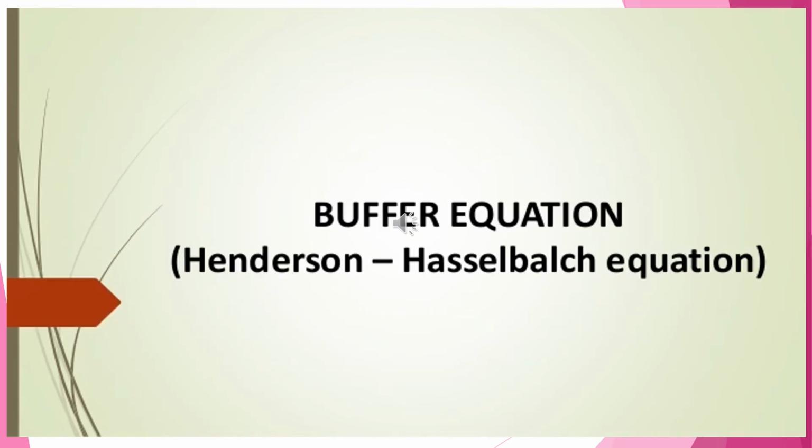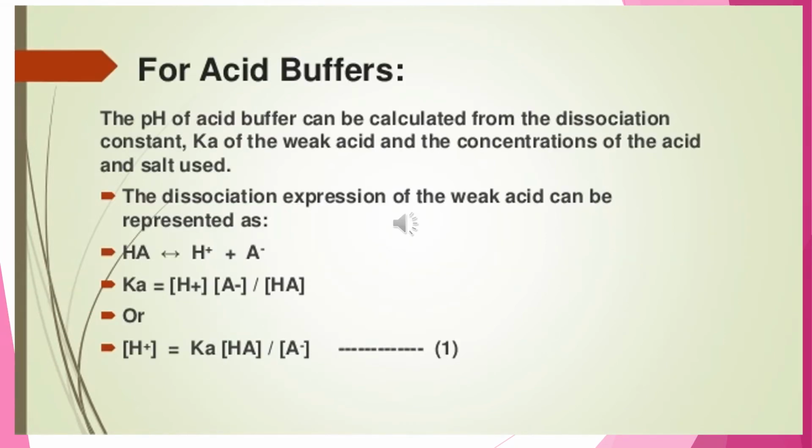Buffer equation, that is, the Henderson-Hasselbalch equation. For acid buffers, the pH of an acid buffer can be calculated from the dissociation constant Ka of the weak acid and the concentrations of the acid and salt used. The dissociation of the weak acid can be represented as HA produces H plus ion plus A negative ion.